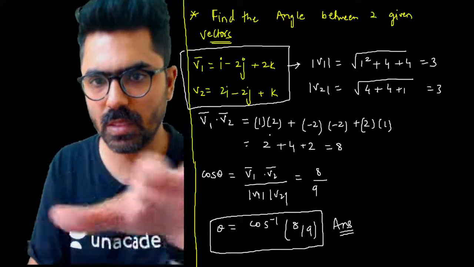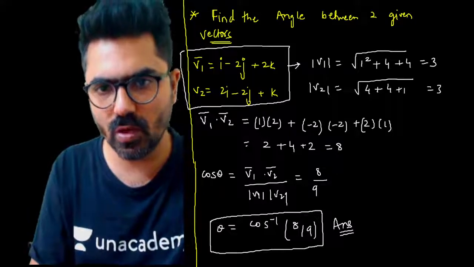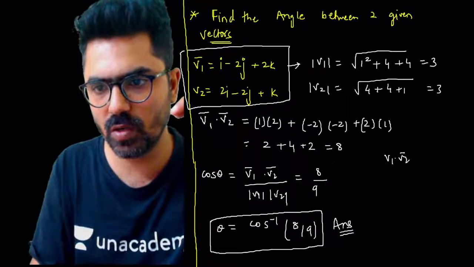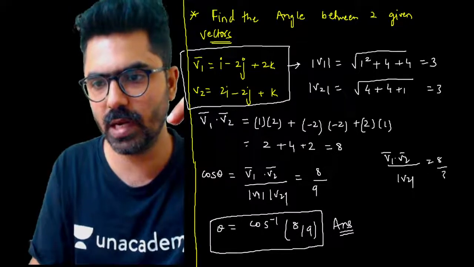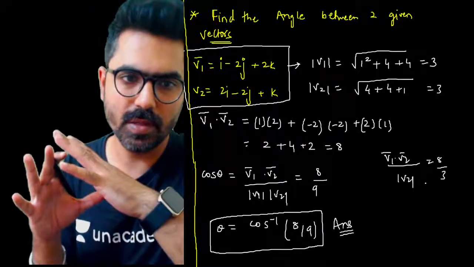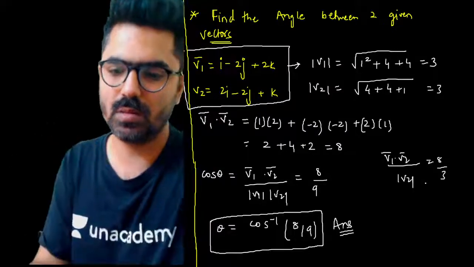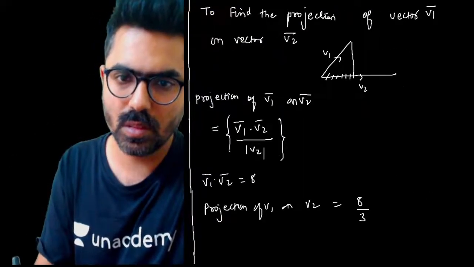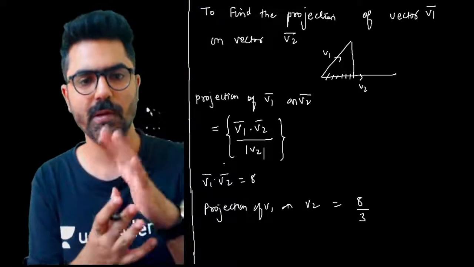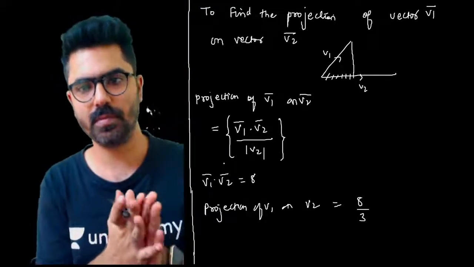In this example, projection of V1 on V2 is V1 dot V2 upon mod of V2. So it comes to be 8 by 3. Okay. So this was a basic example I've taken. Keep in mind जिसके ऊपर projection हो रहा है उसके मॉडुलस से डिवाइड करना है. Okay.